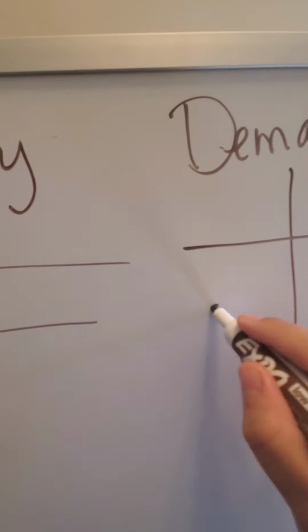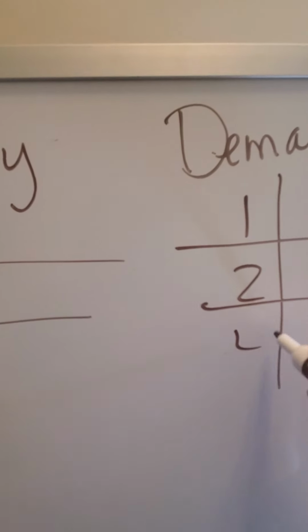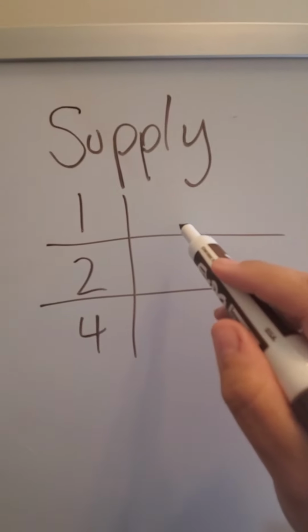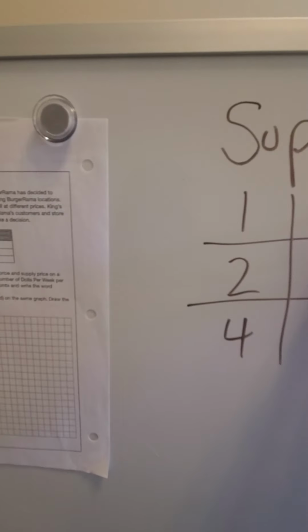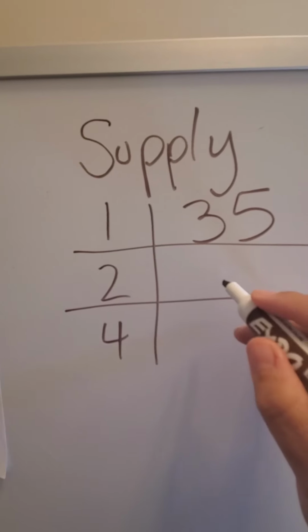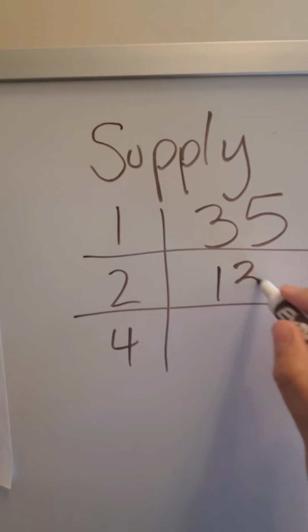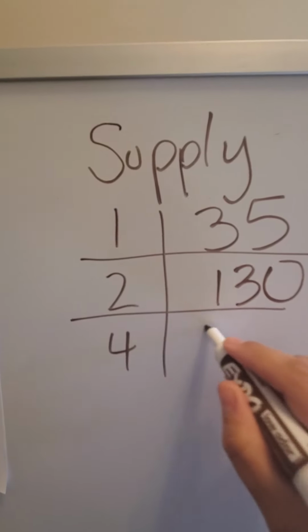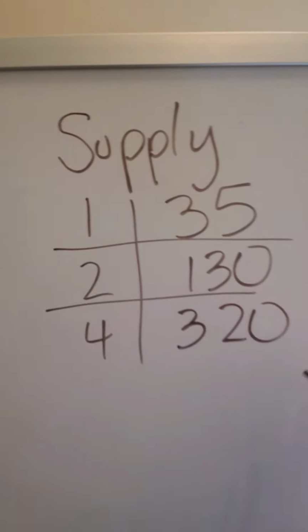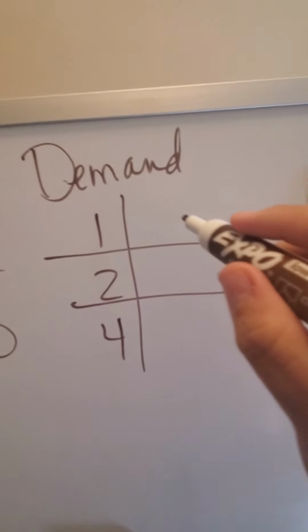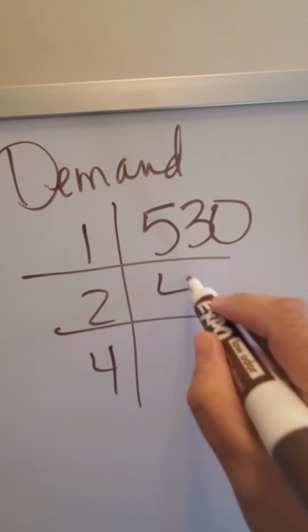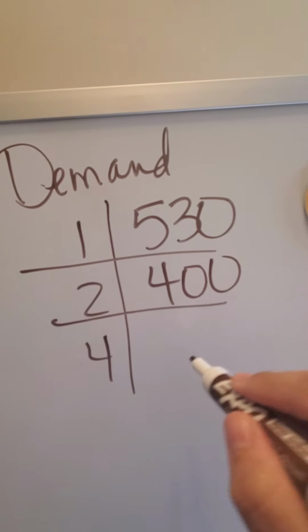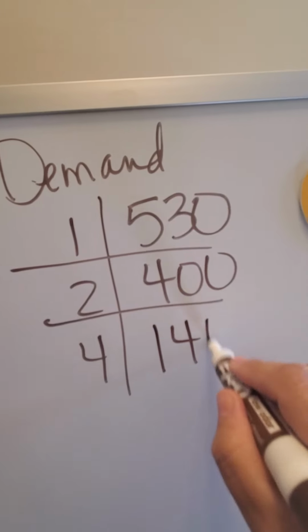Same over here. $1, $2, $4. Well, at $1, they're only going to supply 35. So we're going to put 35 here. And at $2, they're only going to supply 130. And at $4, they'll supply 320. And then over here for demand, at $1, 530 people want one. At $2, only 400. And then at $4, all the way down to 140.